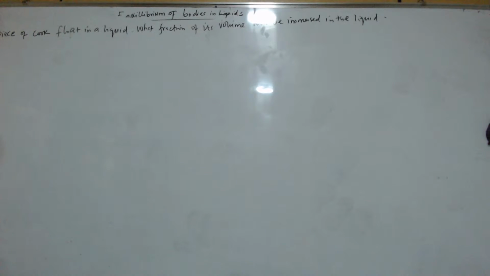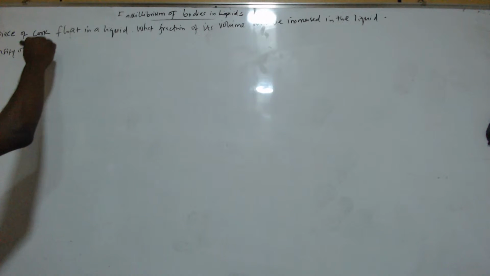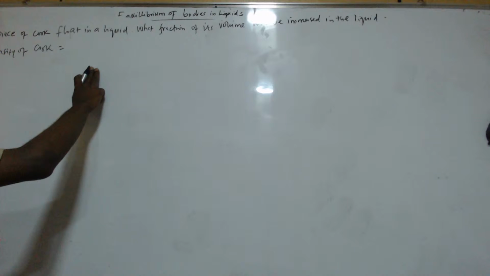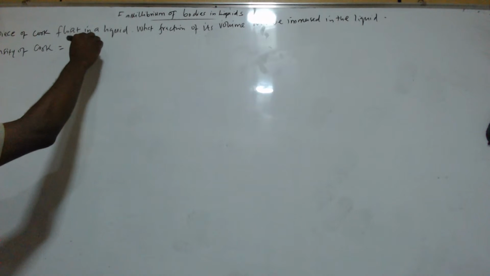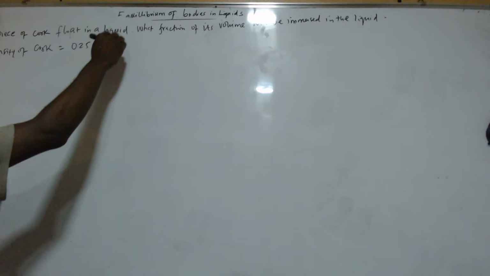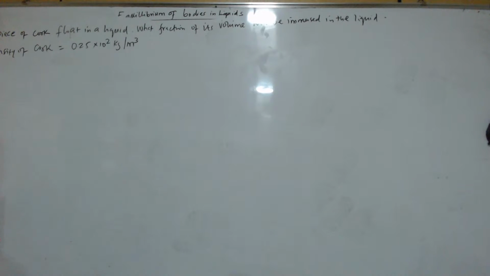We have density of cork. Density of cork: 0.25 times 10 to the power 2 kilogram per meter cube.